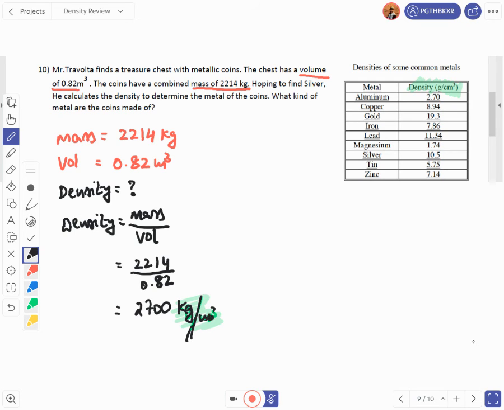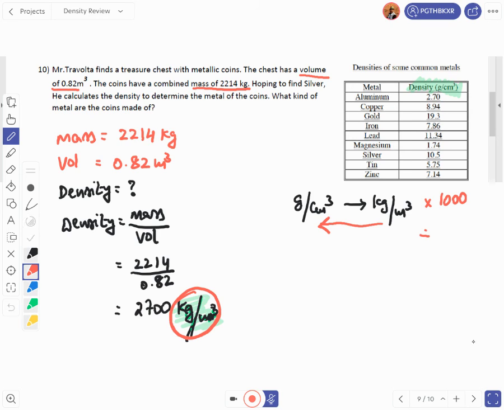Please remember, if you want to convert grams per cubic centimeter to kilograms per cubic meter, you take times 1000. But if you work backwards, from kilograms per cubic meter to grams per cubic centimeter, you have to divide by 1000.